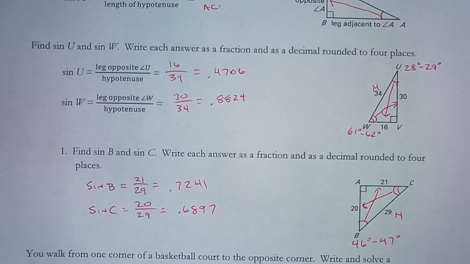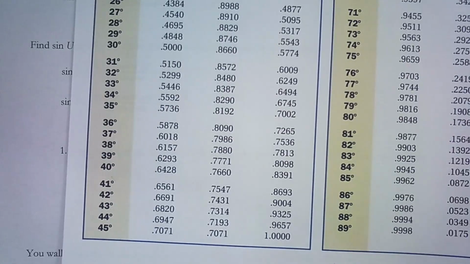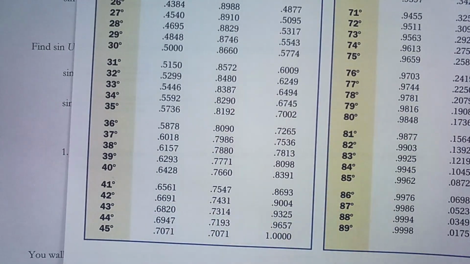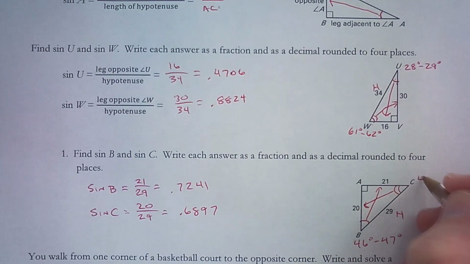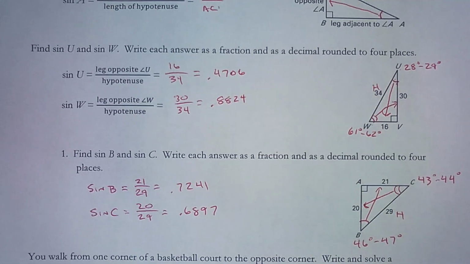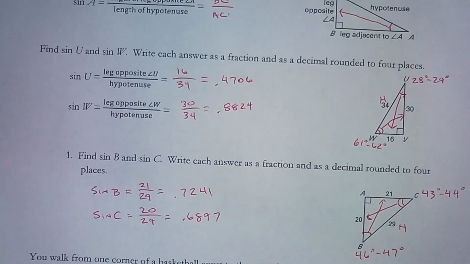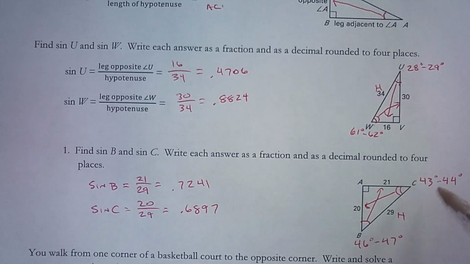And when sine is 0.6897, that happens right here between 43 and 44 degrees. So somewhere in the range of 43 degrees to 44 degrees is angle C. And in a future lesson, we will come to the point where we can actually narrow that down to very specific decimal values.